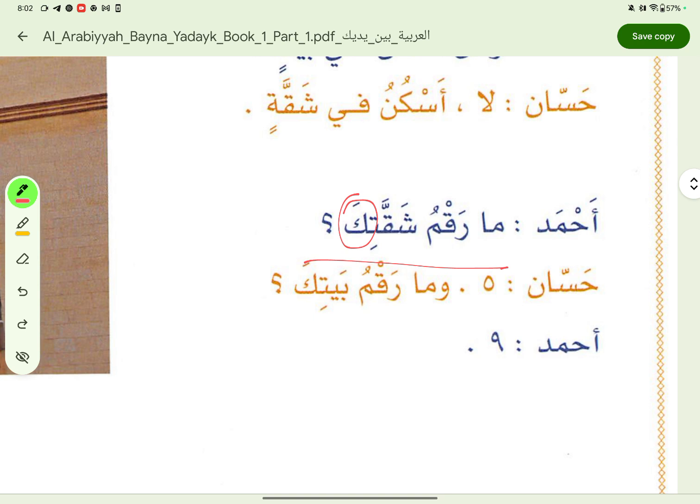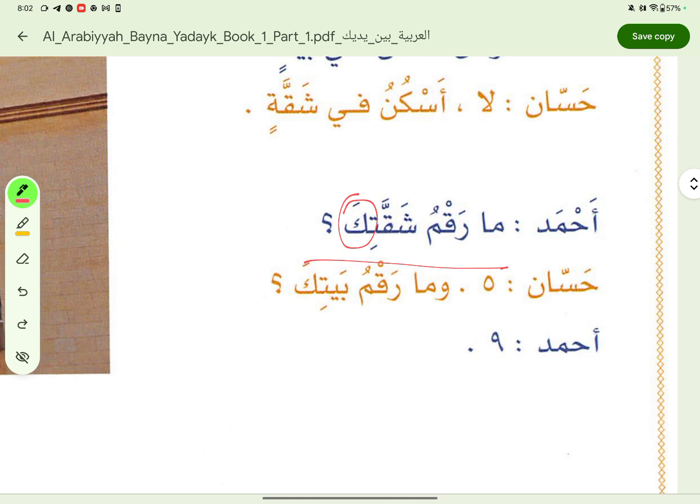This is the room, speaking about a specific thing. If you say there's a room, there's an apartment, this is a house, that's not specific. That's general. But if I say this is the apartment, this is the house, this is the room, it's known. It's not general, it's specific.